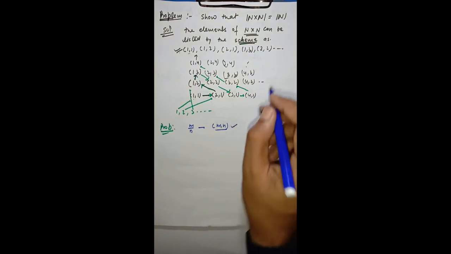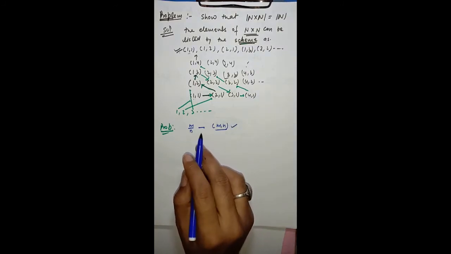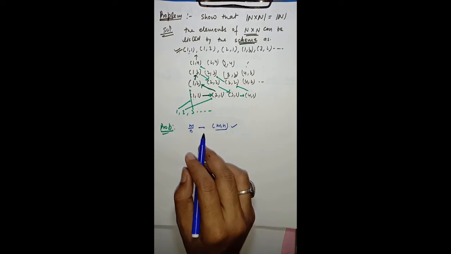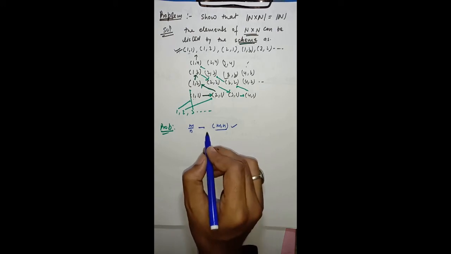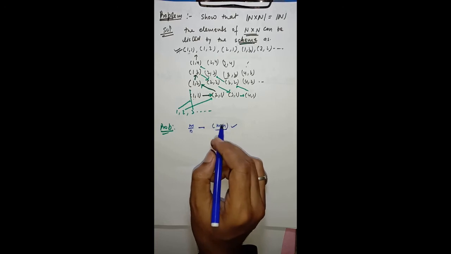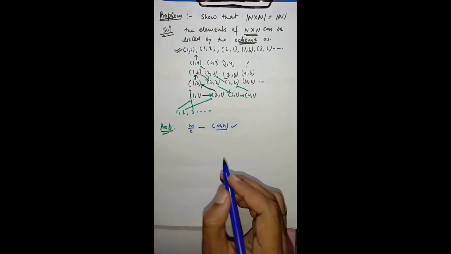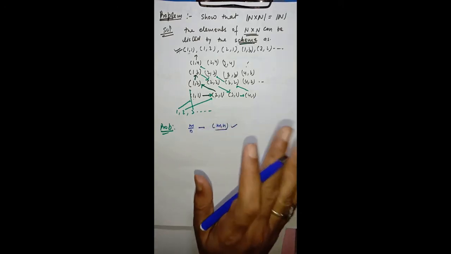Countable means the set is either finite, or denumerable. We haven't discussed yet what denumerable is, but the set of rational numbers is countable. And how will we prove it? The proof is very easy.